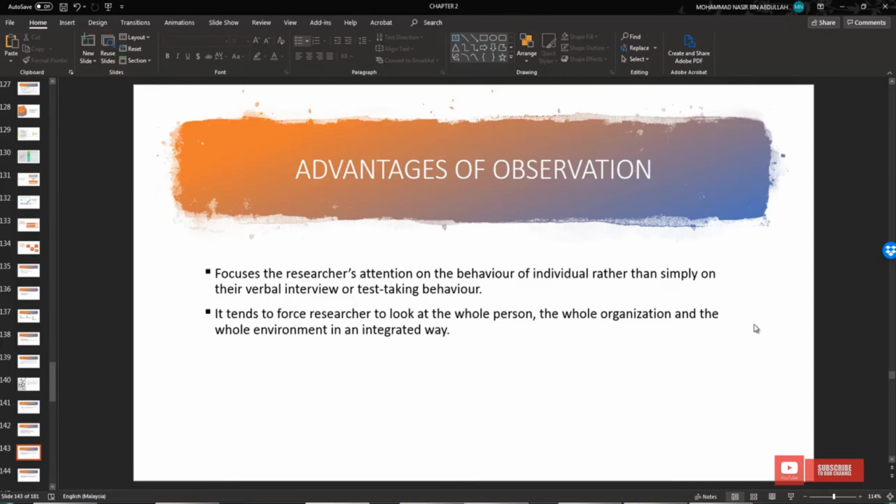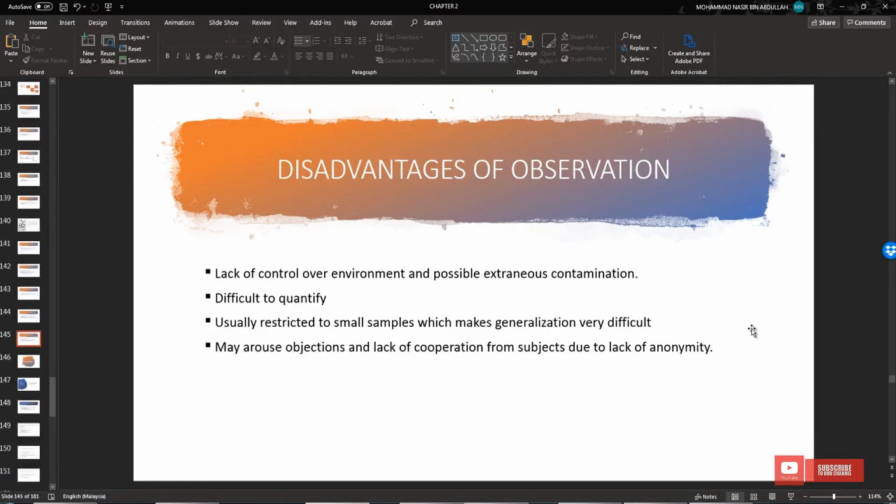The disadvantages are lack of control over the environment, possible extraneous contamination, and difficulty in quantifying. Most qualitative research uses observation, and observational data collection is suitable for qualitative research.